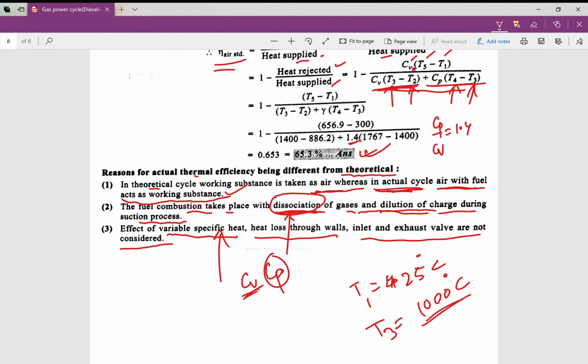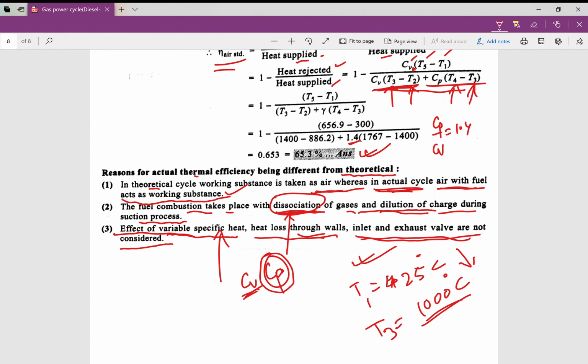Actually, as temperature increases, specific heat also changes, but with a very minor value. But here we consider it constant throughout. So actually there could be an effect of variable specific heat. Other losses we do not consider while solving numericals.